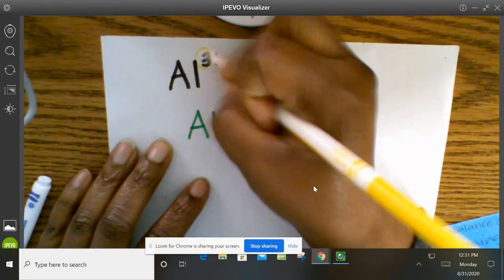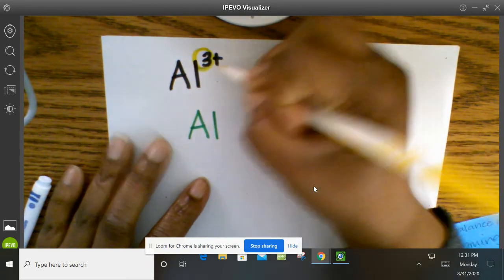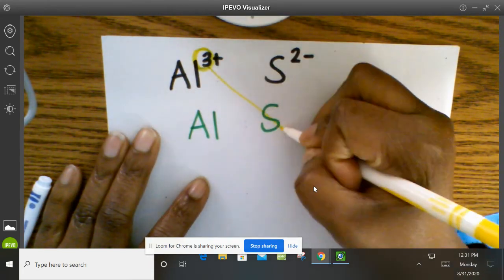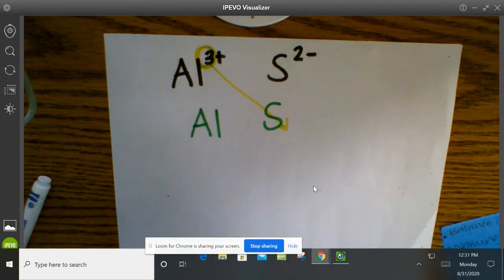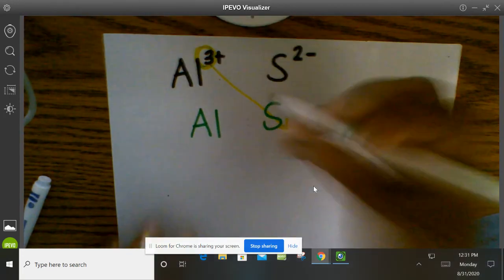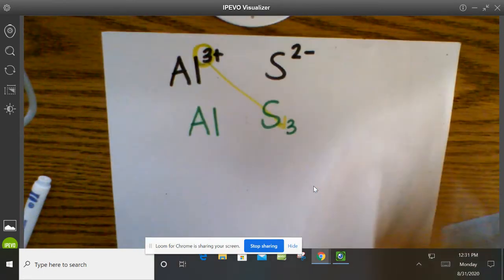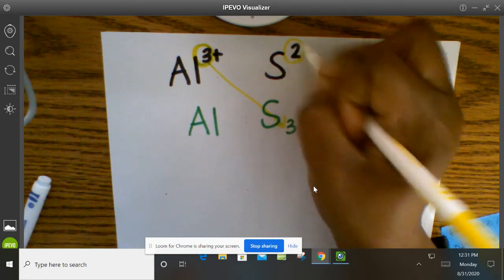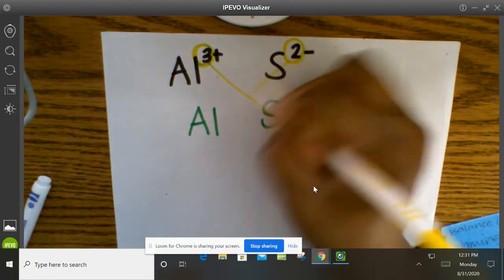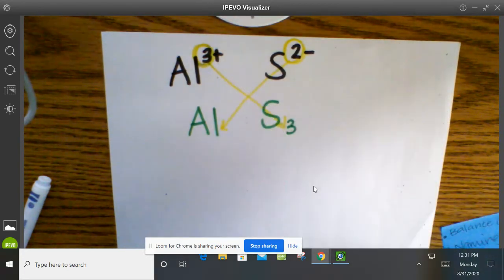So here, the 3 from aluminum is going to come here and become the subscript for the sulfur. And then the 2 from the sulfide is going to come over here to the aluminum.